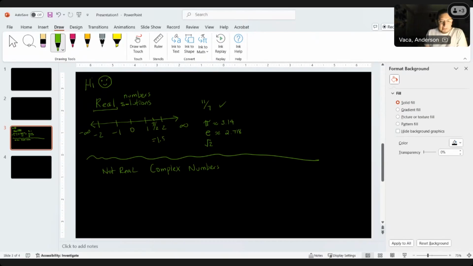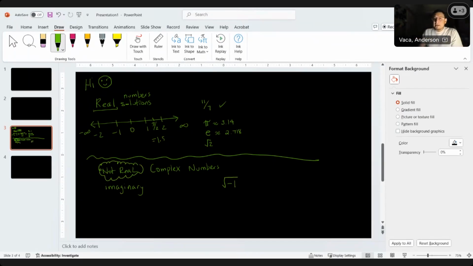If I were to define a complex number in a very short way, well, it is not real. It is imaginary. You're probably wondering where this is coming from. The birth of complex numbers is from trying to understand the idea of the square root of -1.